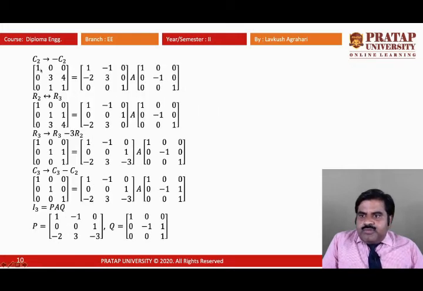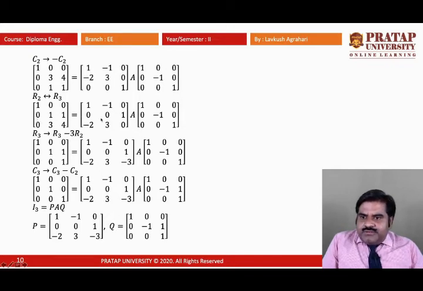Now we are going to perform a column transformation. C2 is replaced by minus C2. As this is a column transformation, it will be reflected in the matrix written on the right hand side of A. Now R2 is interchanged with R3. By this, the third row becomes second and the second row becomes third.